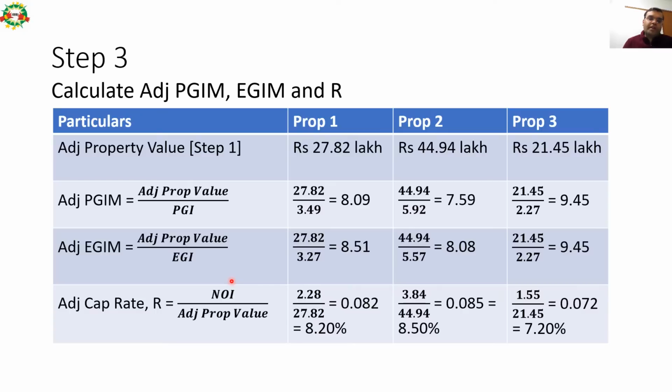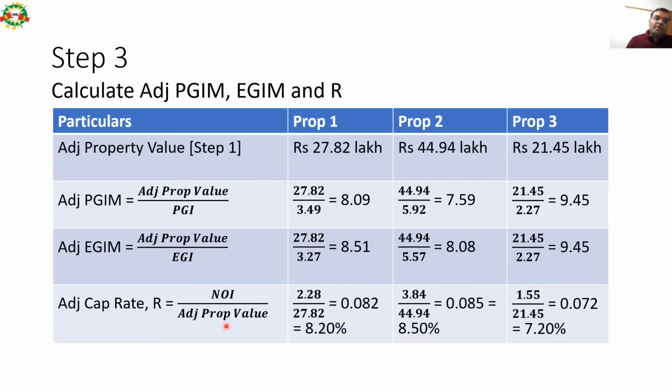Likewise we will also calculate adjusted EGIM, which is equal to adjusted property value divided by EGI. The property value is 27.82, calculated in step number 1, and EGI we have also already calculated, which is 3.27. So we get the factors 8.51 for property number 1, 8.08 for property number 2 and 9.45 for property number 3.